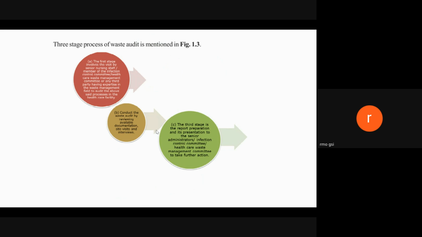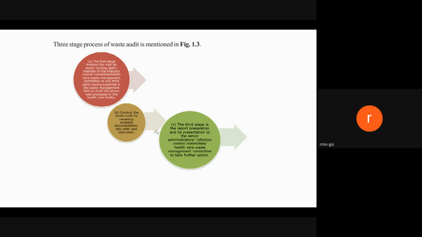The second stage is to conduct the waste audit by reviewing available documents. You can do a prospective audit also, or you can do the audit through the documents and records available, or by a site visit or interview of the waste handlers and the generators also.